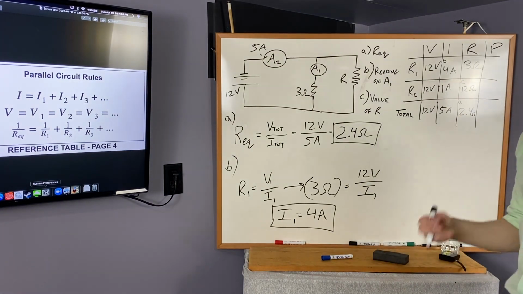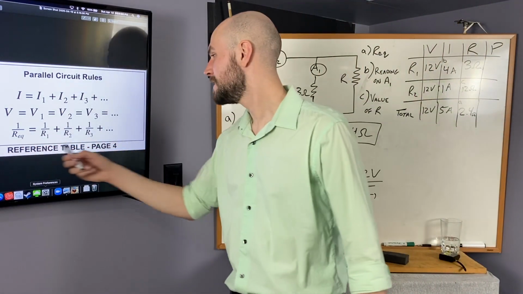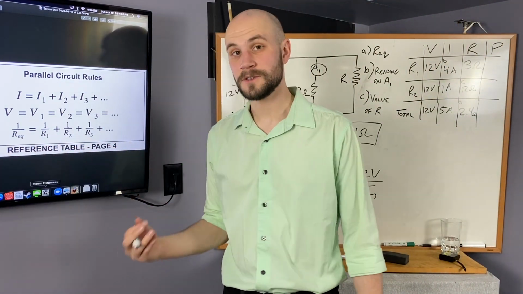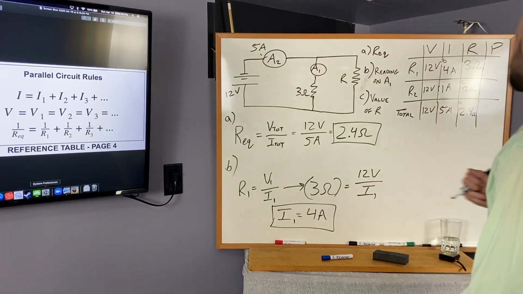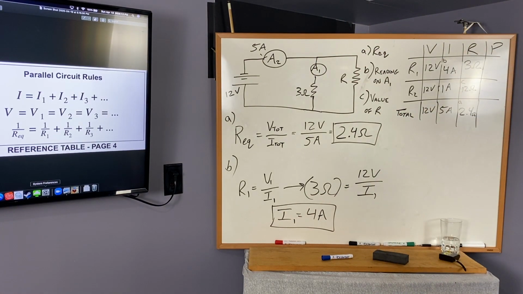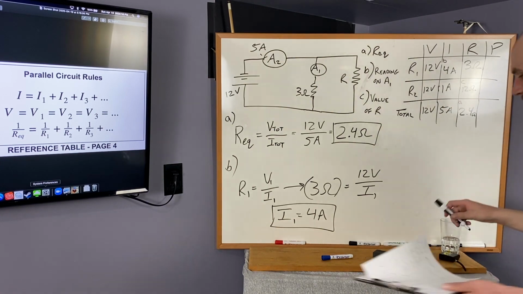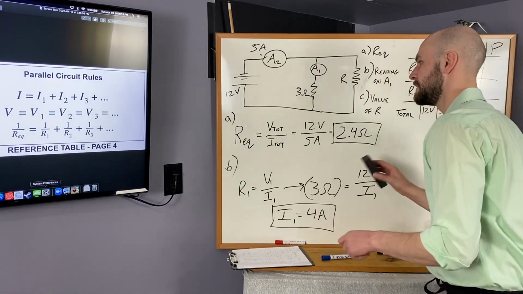But I'm going to show the work using the complicated formula here to make sure we know how to use this formula, because you will be expected to know how to use it. And checking our answer based on Ohm's law, V over I. Let's try it out. I'm erasing.